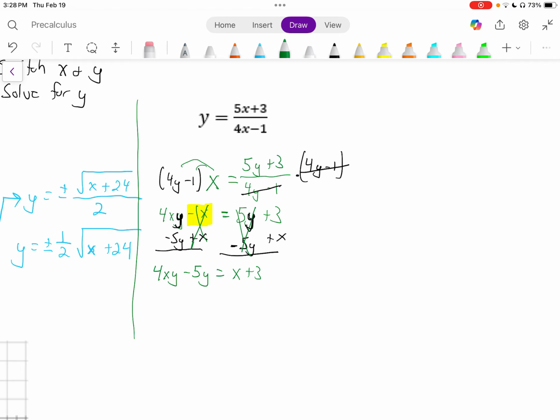And now what we do is we factor out a y. So y times 4x minus 5 equals x plus 3. And now you might realize what we have to do. We want to solve for y. And so we divide both sides by 4x minus 5.